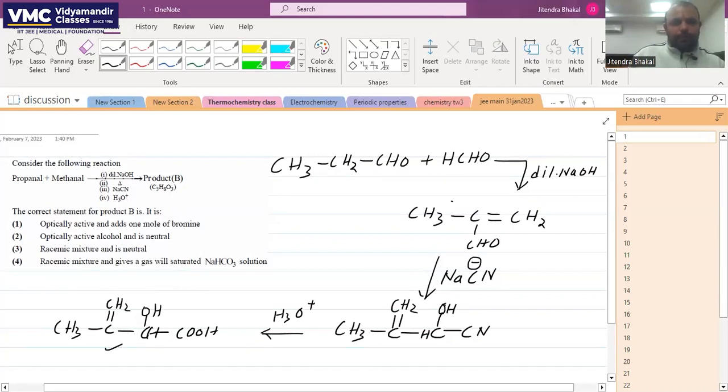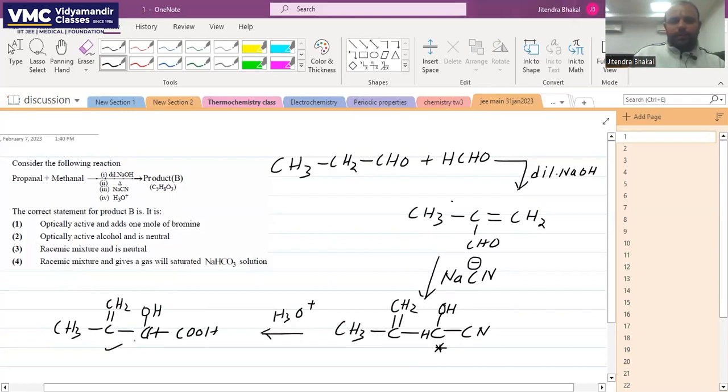Now we talk about the optical activity. Now when this cyanohydrin is formed from the HCHO group, this carbon is a chiral carbon now, because 4 different groups are present on this carbon. Whenever a new chiral carbon forms, there is a possibility of both the isomers, R or S configuration, both are possible.